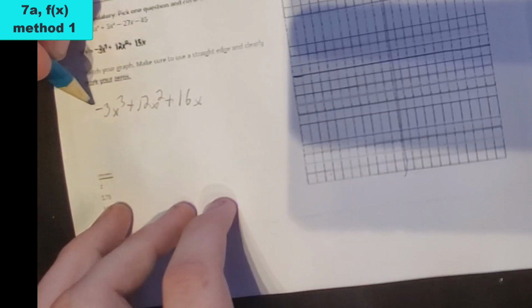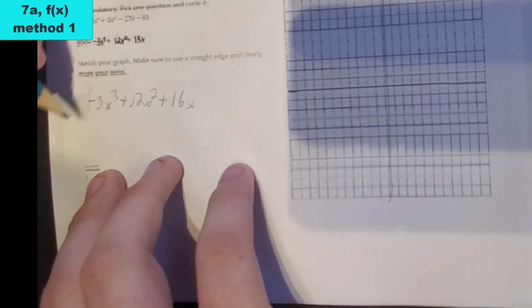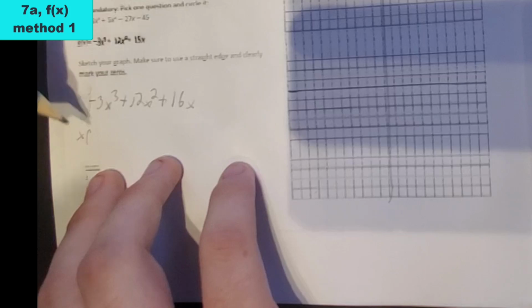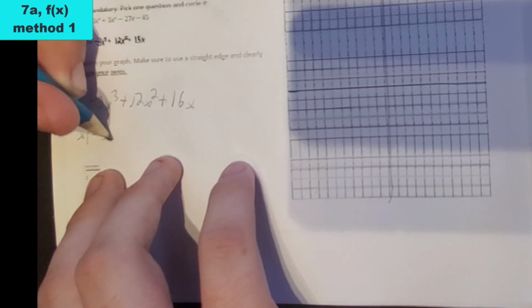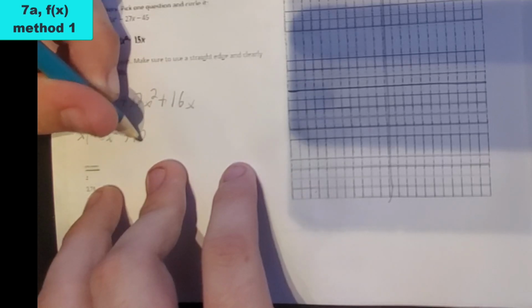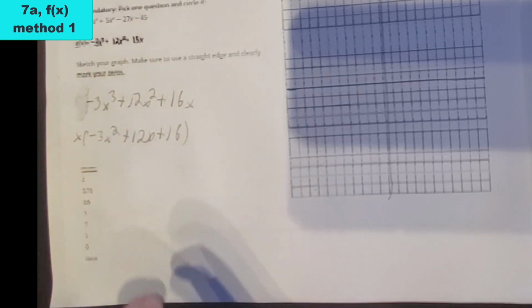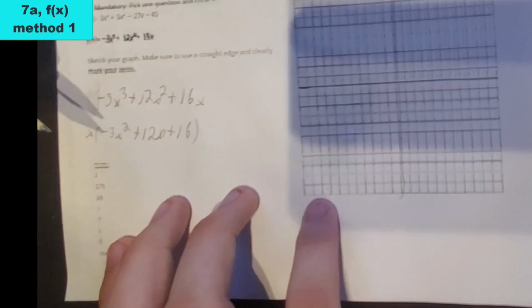So what we'll do here is pull out a GCF, greatest common factor. We will make it negative 3x times the quantity x squared plus 12x plus 16. Makes this whole problem much more simple.